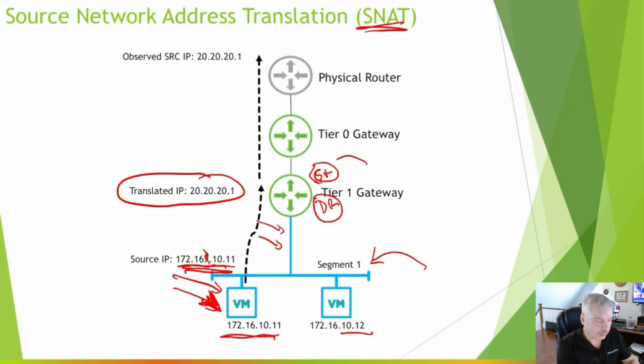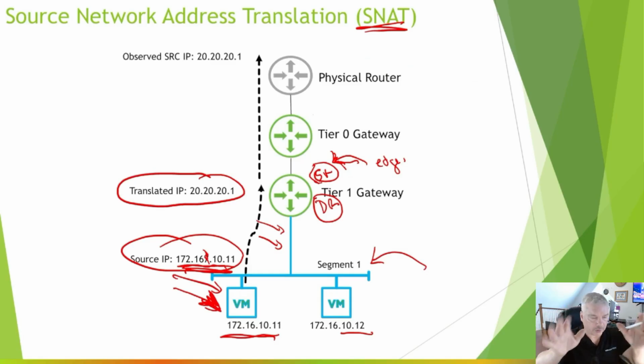The SR component, the service router, lives on the edge node. So again, this source IP, the original IP, will stay there till it hits the SR component on the edge. And at that point, the edge node does that translation, okay? So you need to understand SRs and DRs. I'm not going to cover it in here.